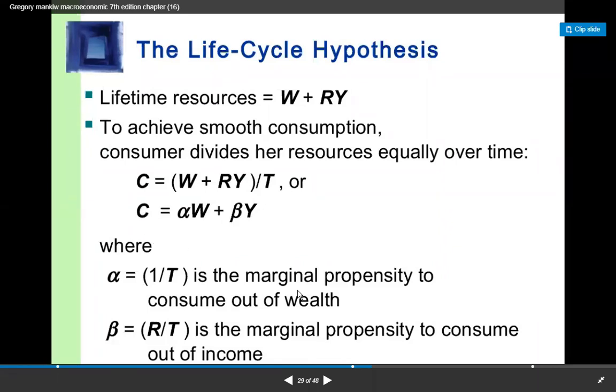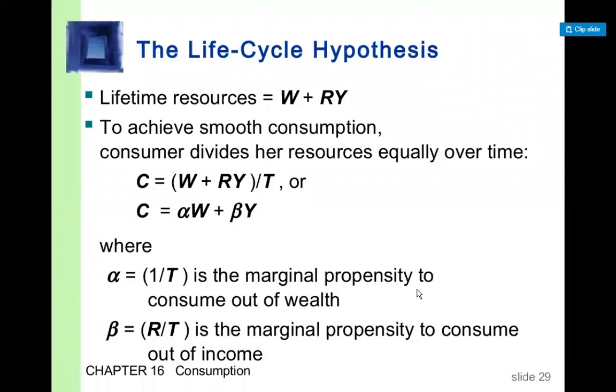Alpha is the marginal propensity to consume out of wealth. Beta is the marginal propensity to consume out of income.